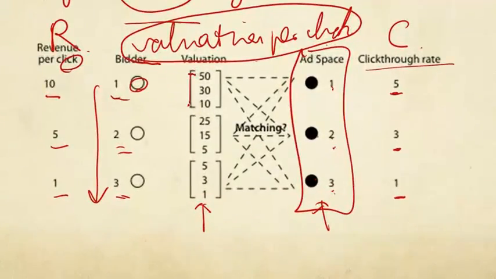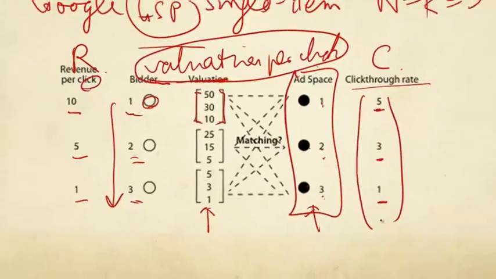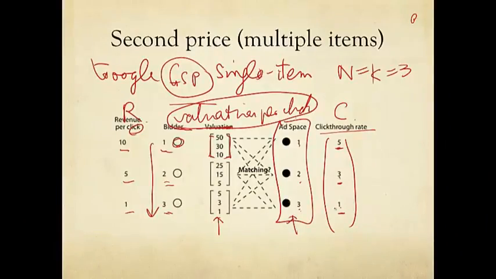But we can also view that as a vector. It is just that scalar, this valuation per click, multiplying the vector of click-through rates. In this case it is 5, 3, 1. So for example, if the 3 bidders all decide to do truthful bidding, meaning that they will each submit 10, 5, and 1 respectively as their bids, the true valuation per click, then that's equivalent to saying that bidder 1 is submitting a vector consisting of 3 bids. 10 times 5, 50. 10 times 3, 30.